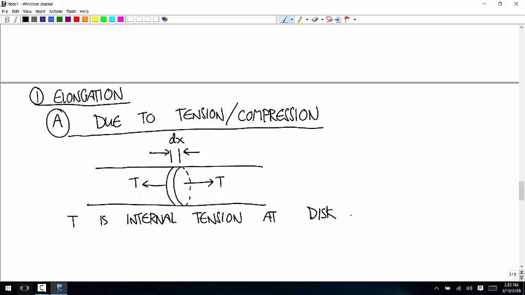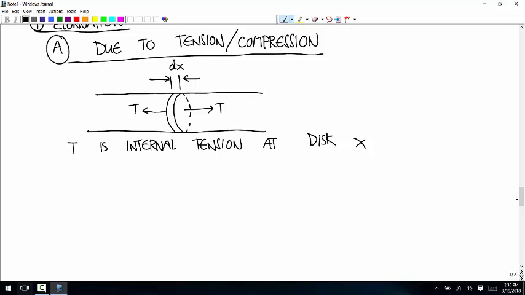And we can think of this disk as represented by the location x. So the x-axis is going this way along the beam. At some chosen x value here, we have a disk that has this infinitesimal thickness dx. And we want to know, at that disk, what's the infinitesimal elongation?